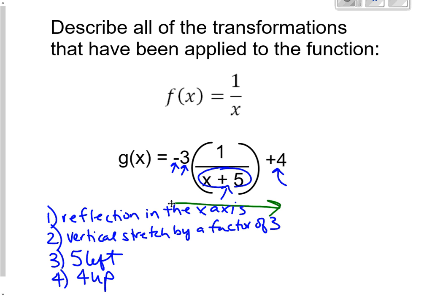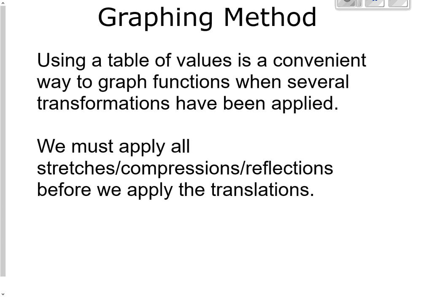So not only do you need to be able to graph it, but you also need to be able to talk about the transformations. Okay, so something like this has lots of transformations going on. You want to make sure that you talk about each and every one of them. Okay, so graphing method. We use a table of values. It's a convenient way to graph functions, especially when there's a whole bunch of transformations going on.